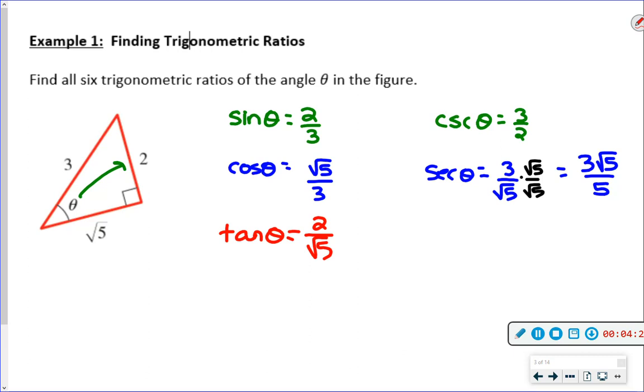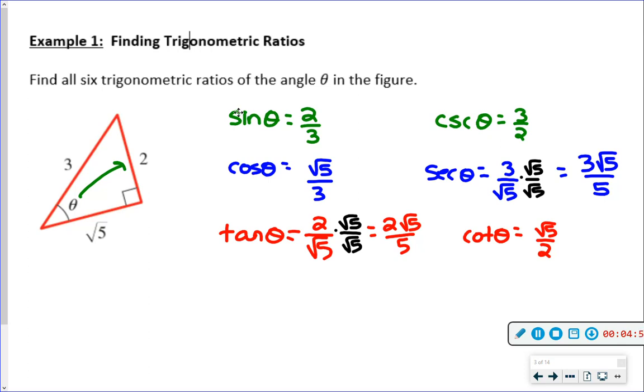I am going to back up and rationalize that in a sec, but I'm going to flip it first for my cotan, because then I don't have to do any simplifying on cotan. Cotan's ready to rock. Tan needs my root 5, so 2 square roots of 5 over 5. If you were to do the reciprocal of 2 square roots of 5 over 5, you'll get the same thing. It just takes more simplifying, and nobody wants to deal with that.